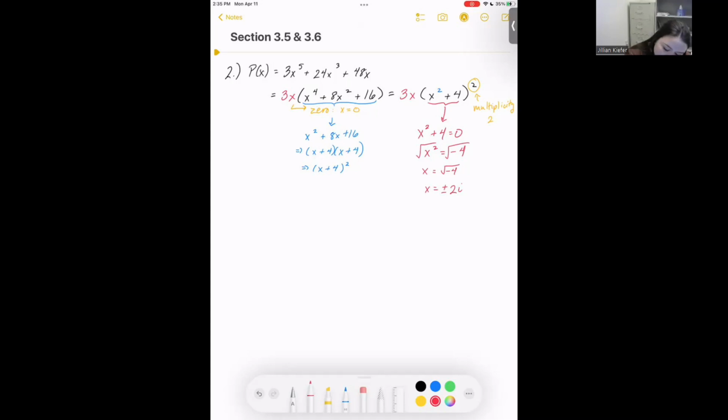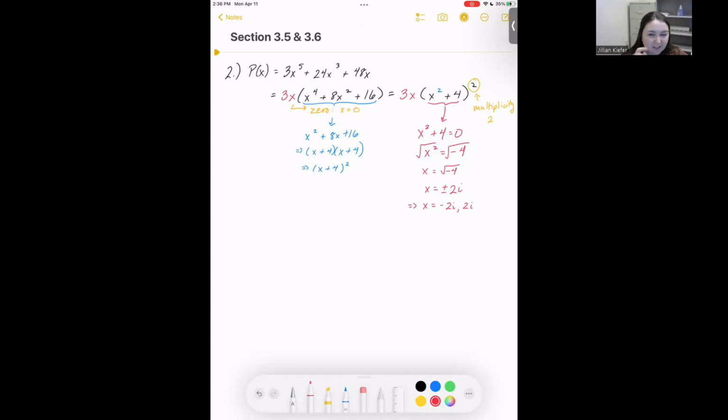We know that this means that x has 2 answers. -2i and +2i. There we go. So we've got those 2 answers. So far, our zeros are 0, -2i, and +2i. That's only 3 zeros.